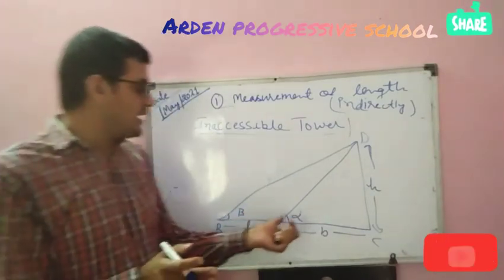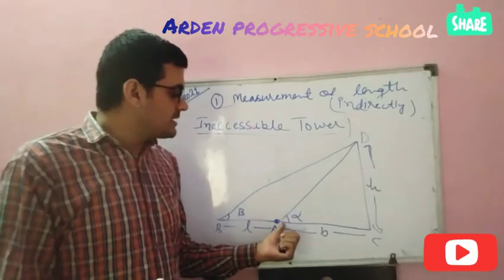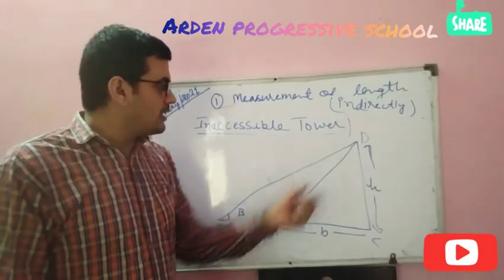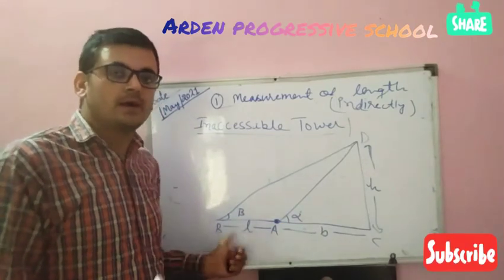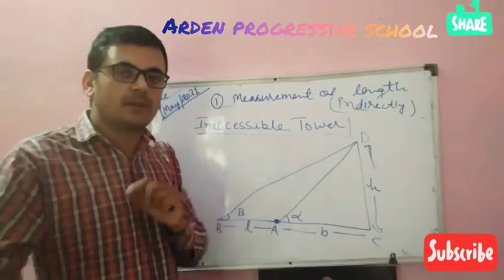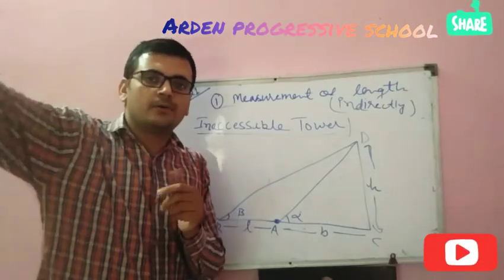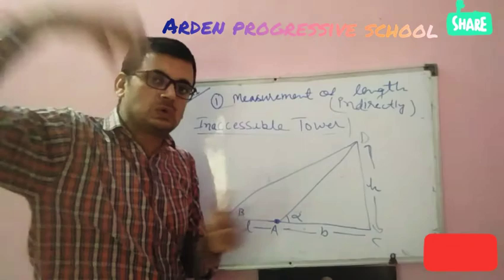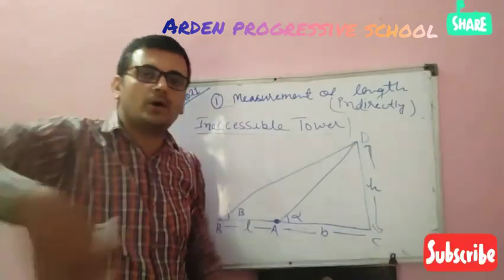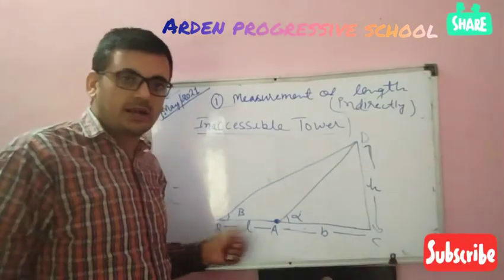The condition is that we cannot measure the height directly from the points of observation A and B. हम A और B से उसकी height को measure नहीं कर पा रहे हैं क्योंकि river बहुत बड़ी है, very long river, और वो बहुत दूर है.